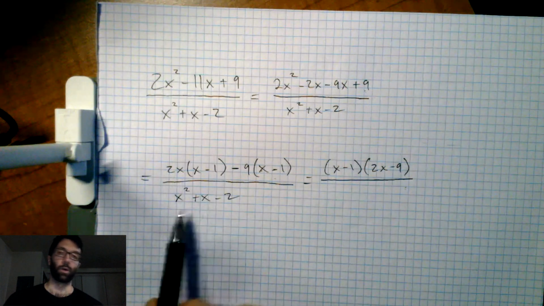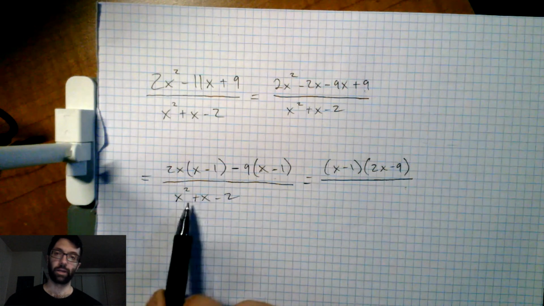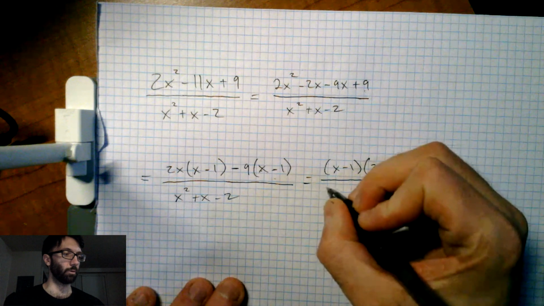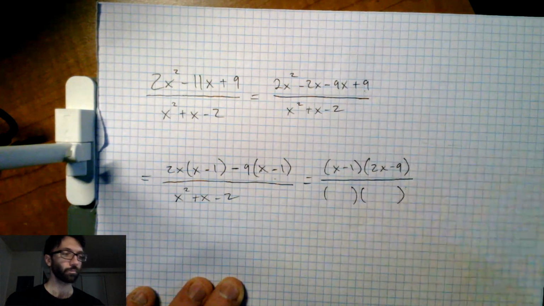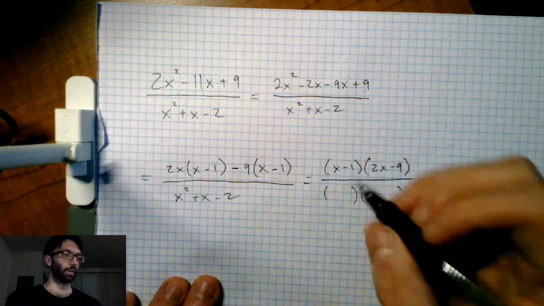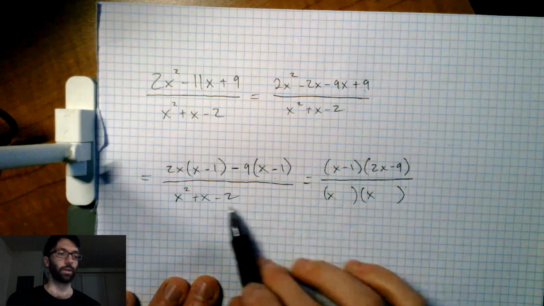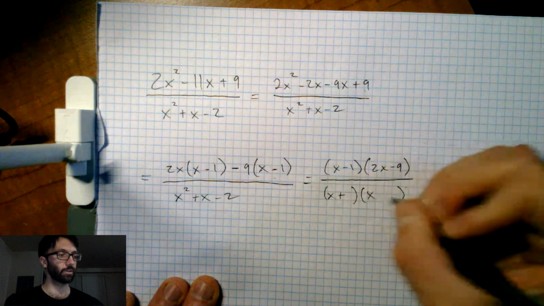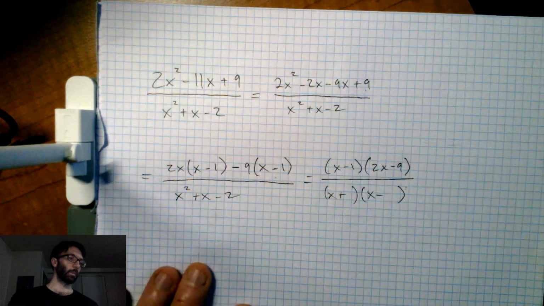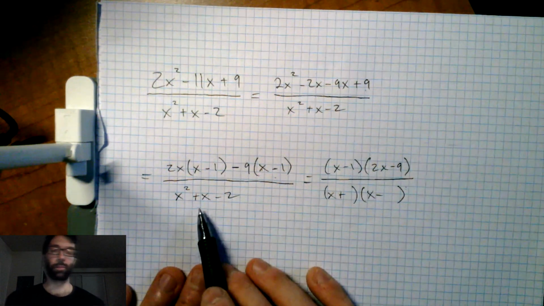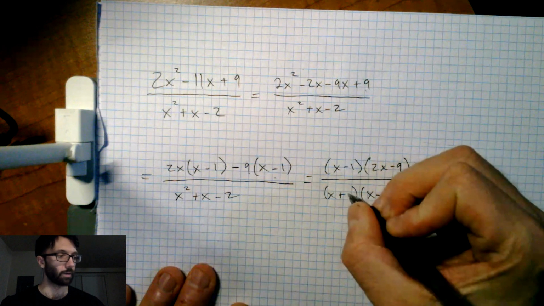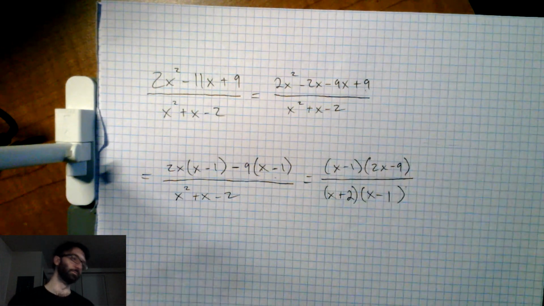And now I can go ahead and factor my denominator, which is just going to be a standard trinomial factor. And so I have x and x. And then since I have to multiply to a negative, I know I'm going to have one sign of each. And the factors of 2 that combine to a positive 1, that's going to be a positive 2 and a minus 1.